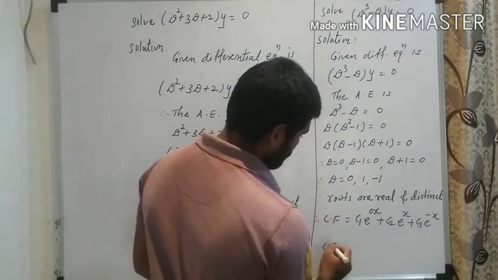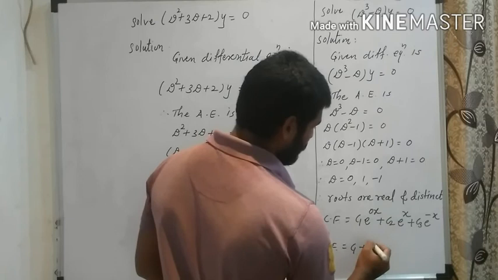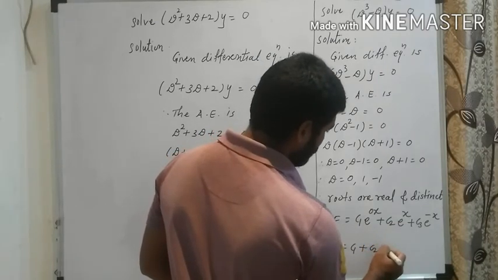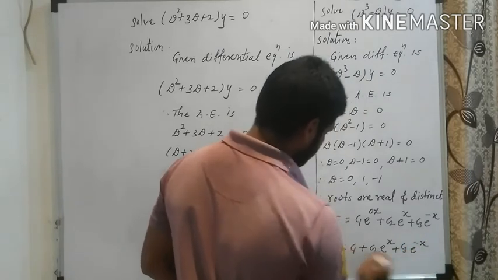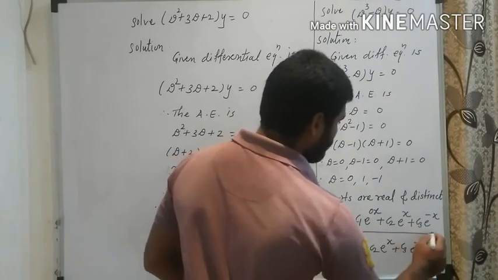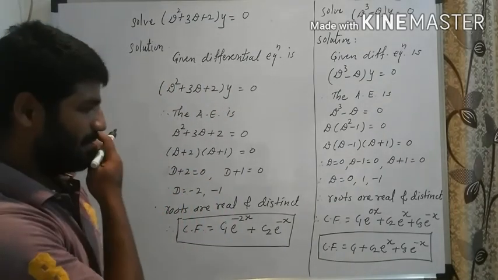That is, cf is equal to c1 into e raised to 0 is 1, plus c2 into e raised to x plus c3 into e raised to minus x. So this is your required complementary function for given differential equation.